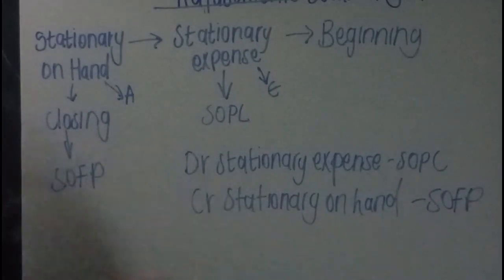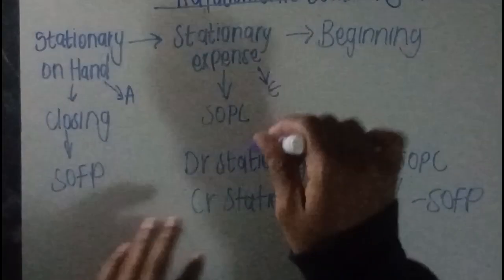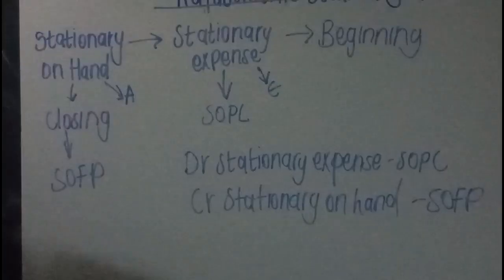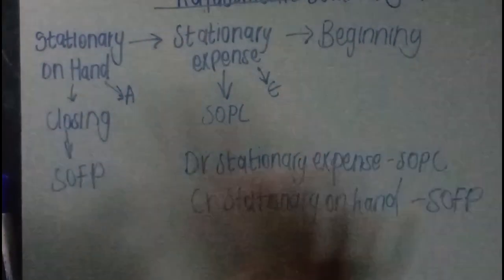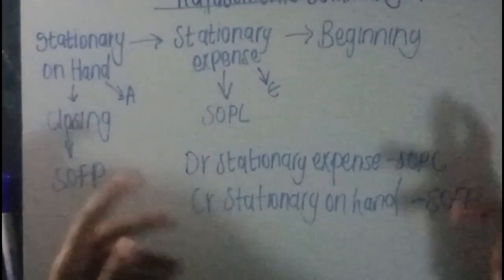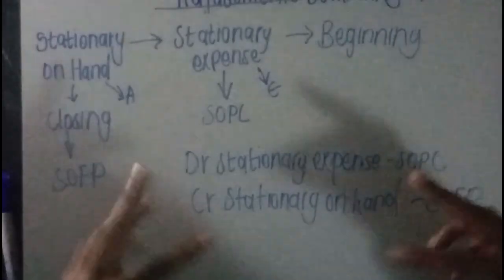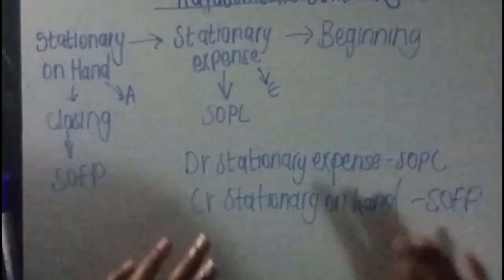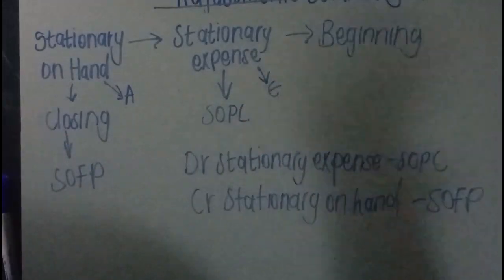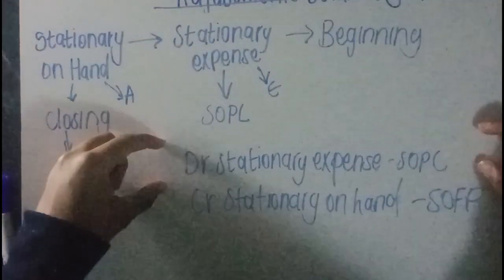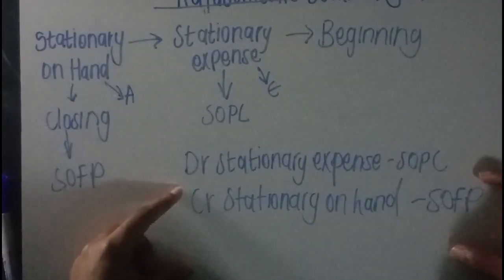This is an asset and this is an expense. This is what we used during the year. I'm not saying it's going to be more complex than this. They just do it like that or they switch it and they are recognizing. But this you'd be saying recognition of stationery expense.